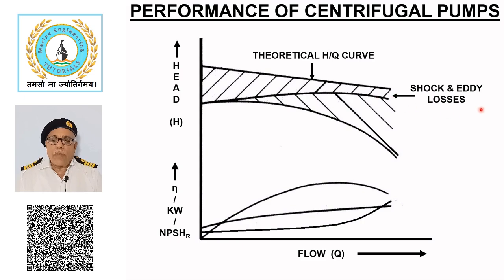Due to shock and eddy caused by the varying impeller blade thickness and other mechanical considerations, there is some head loss slightly decreasing with the flow, which is called shock and eddy loss. Contact of the liquid with the pump casing causes the frictional loss, which gradually increases with the increase in flow.